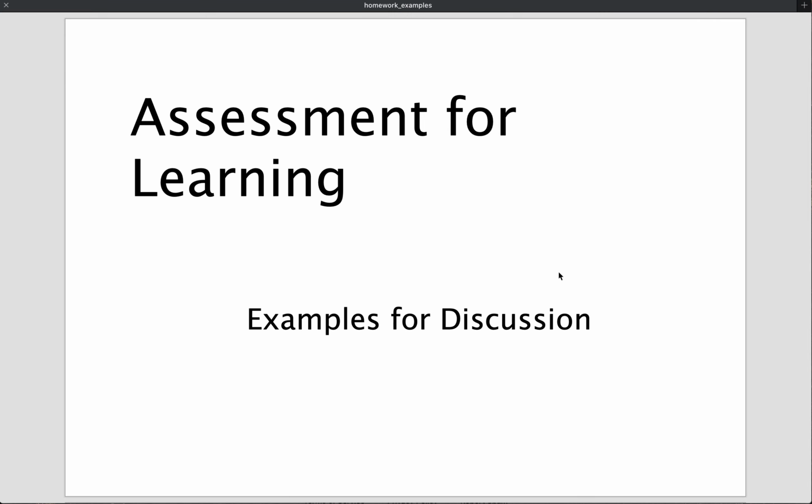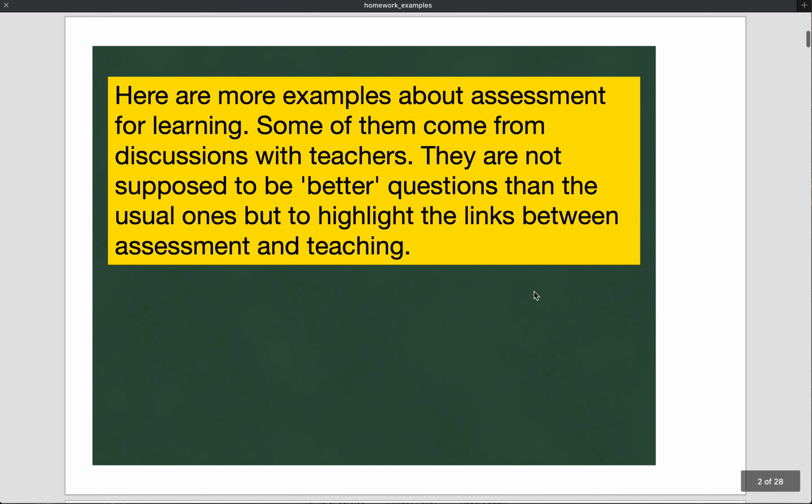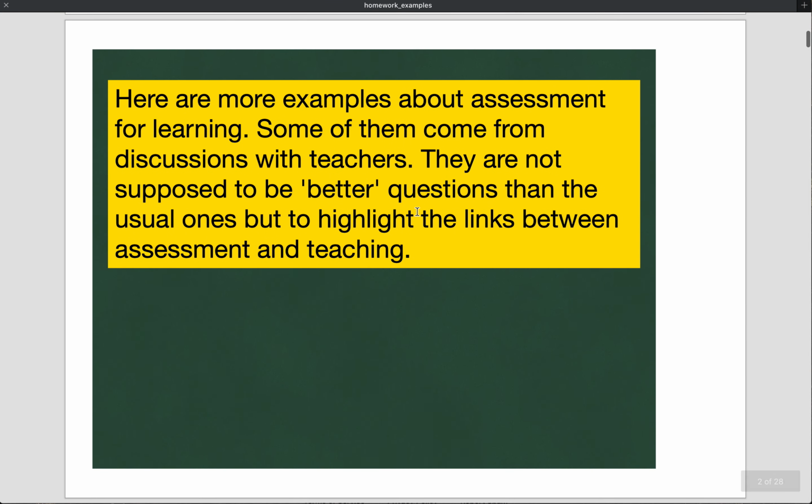Here's a collection of questions from different topics in our curriculum. They are all related to assessment or questions or exercises, and they're collected here for some discussion and sharing, but they are not supposed to be definitely good or better questions. It depends very much on the context, right?